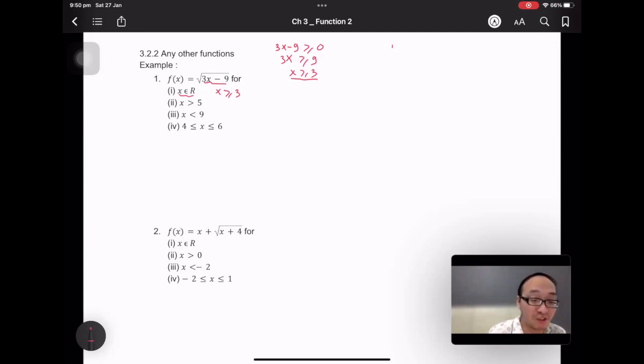And if we put 3 into the equation, it's 0. So 3, 0, and beyond. That's why the range will be from 0 and up, so it's greater than or equal to 0.